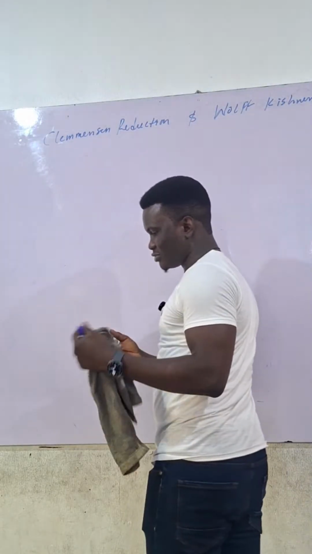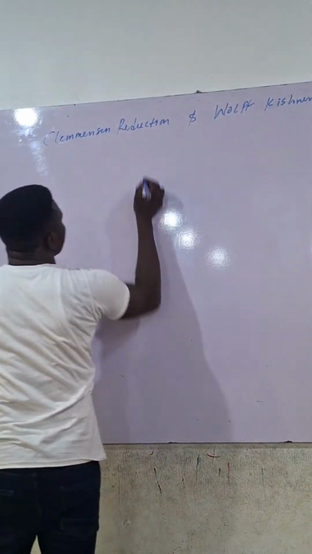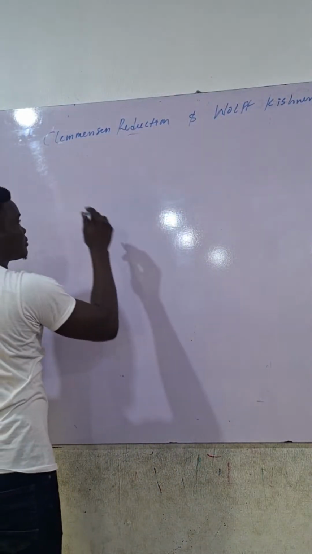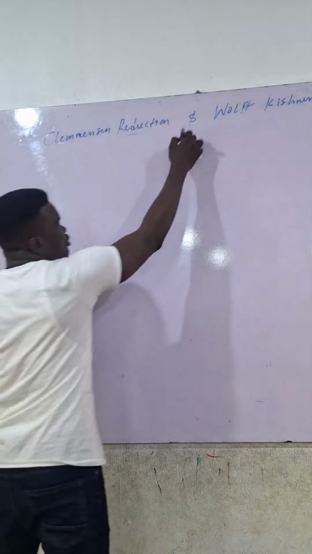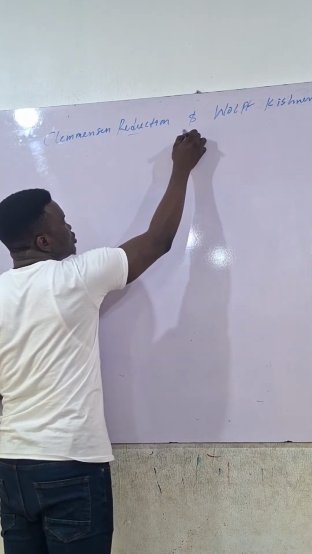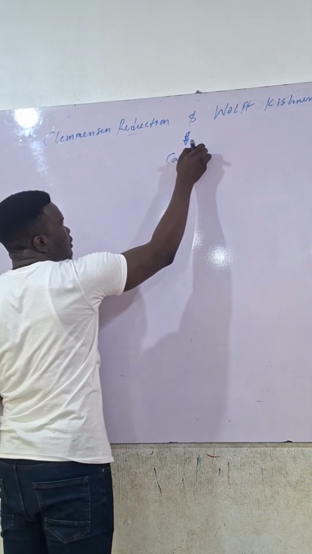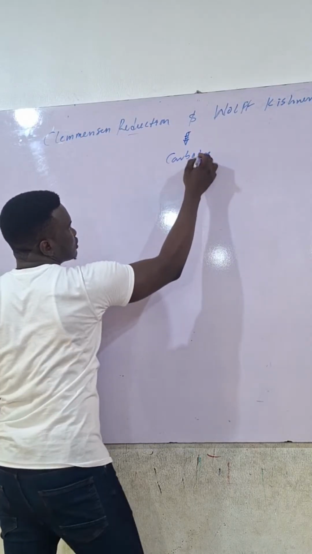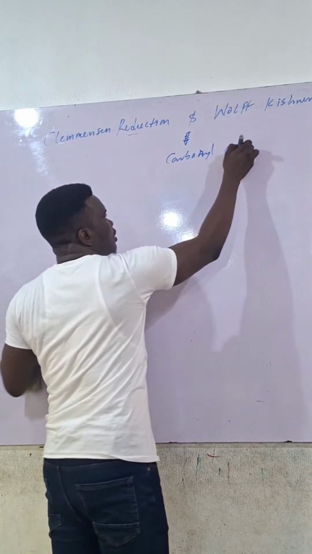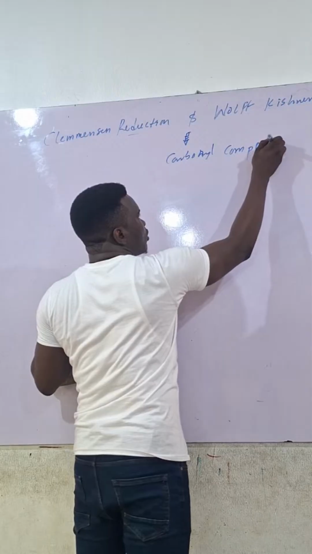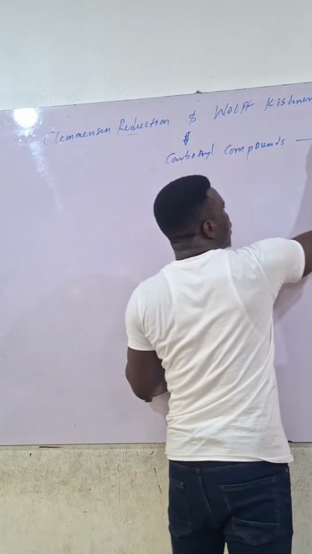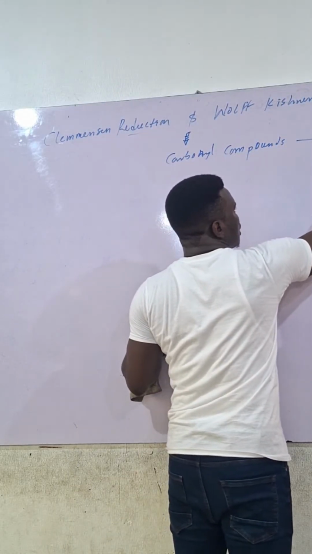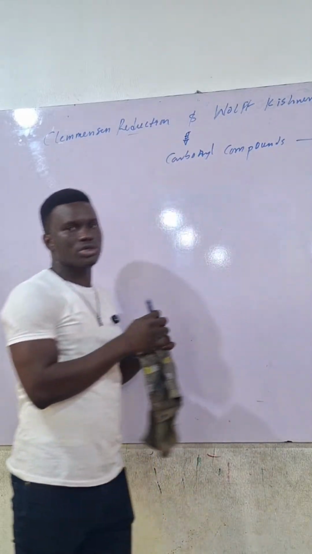The most important thing is the word reduction. This reaction is only used for carbonyl compounds. When you convert carbonyl compounds to alkane, then you are undergoing reduction.